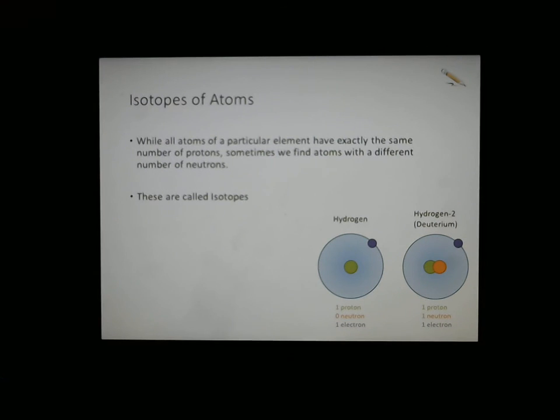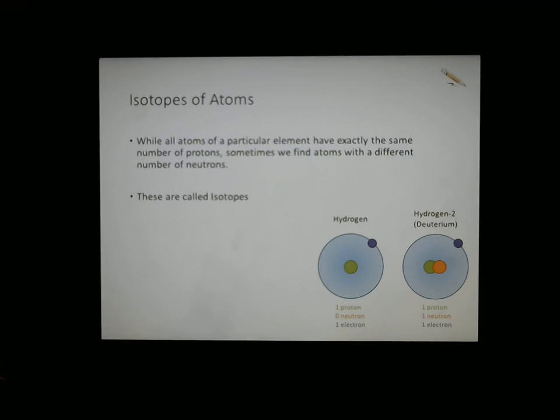But maybe 1 in a billion, 1 in a trillion of those atoms of hydrogen are a special type of hydrogen. It's called deuterium. We give it a special name just because it's really useful, so rather than calling it the very boring hydrogen-2, we give it a cool name. Deuterium is a hydrogen proton, one proton, with a neutron.